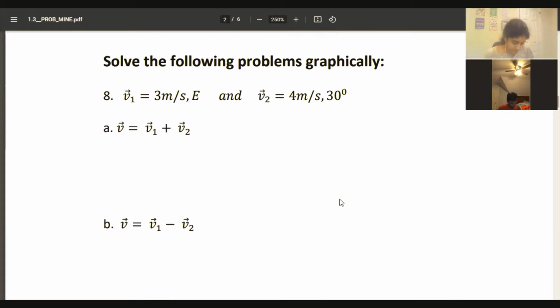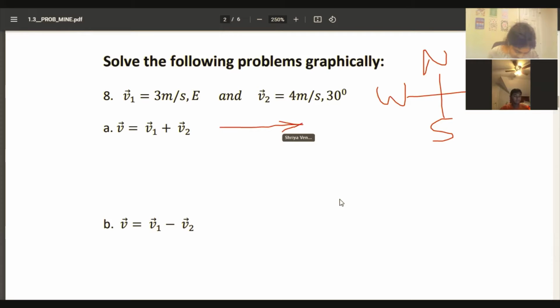So for V1, it's 3 meters per second and it's towards the east. If we look at our cardinal directions, never eat soggy waffles, V1 is going to look like this.